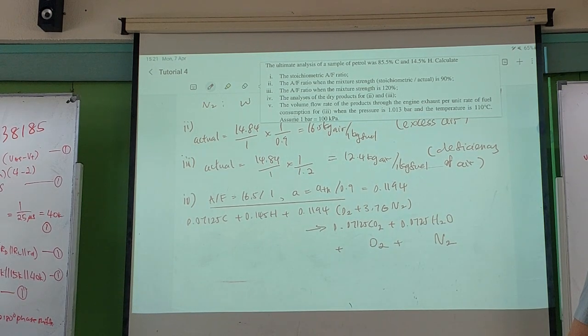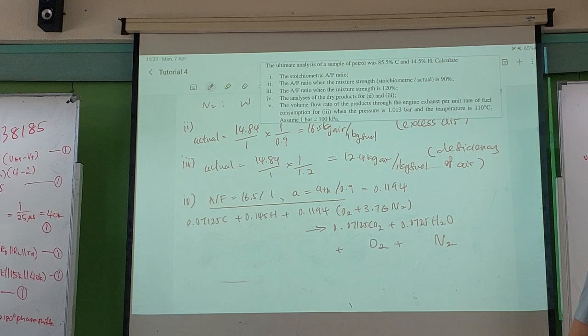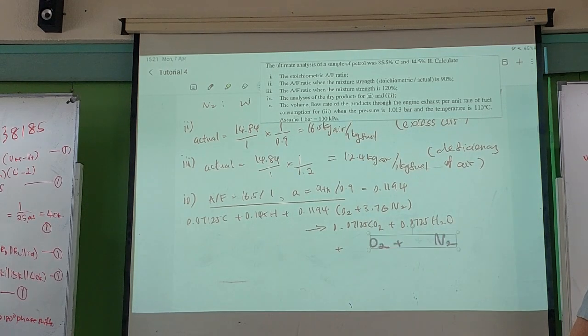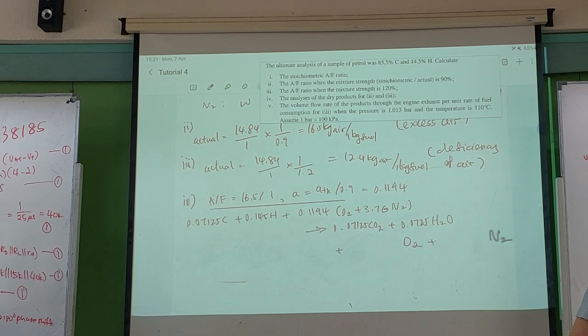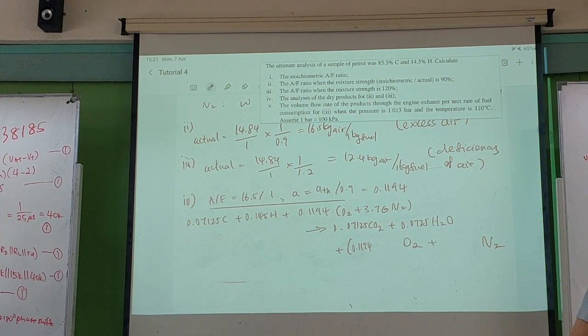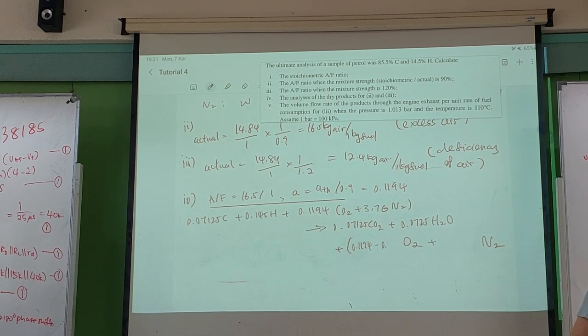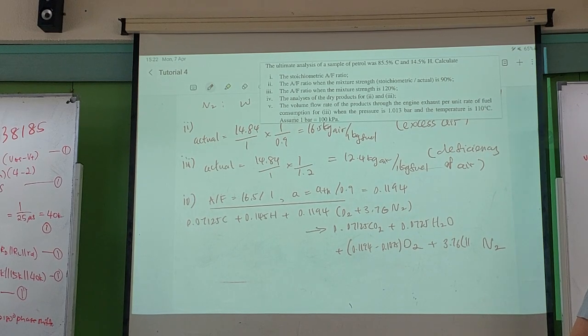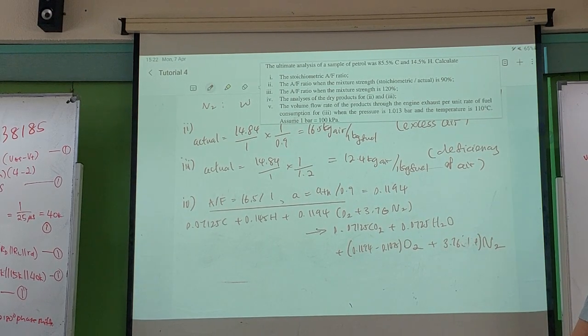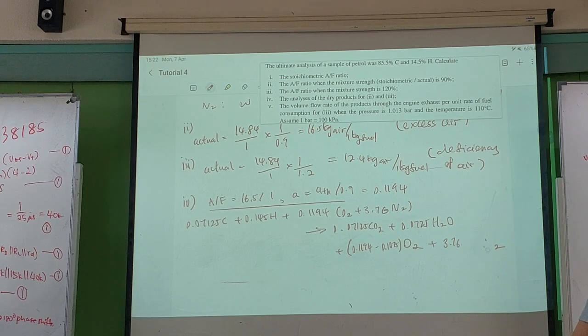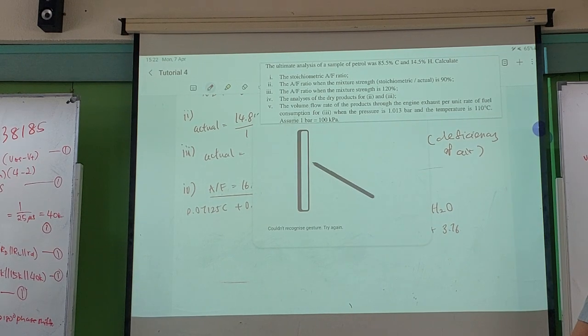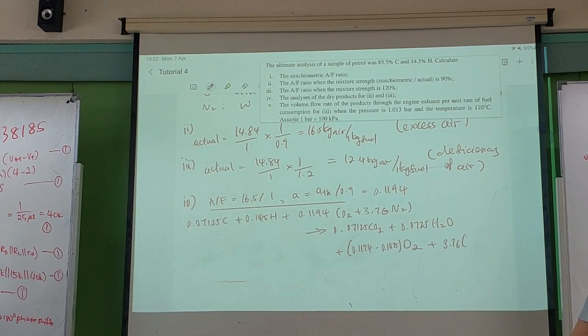So O2 is basically just the new air minus the theoretical one, while N2 is just 3.76 multiplied by the amount of air.